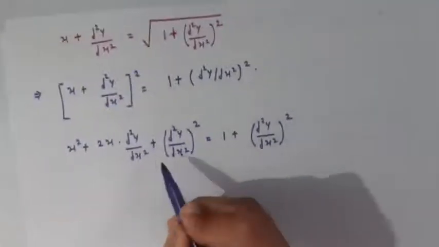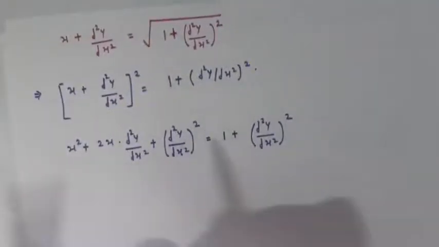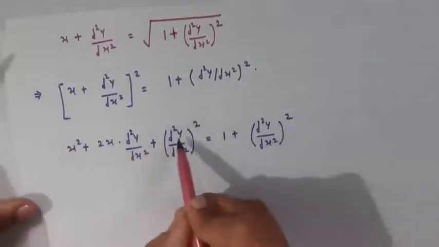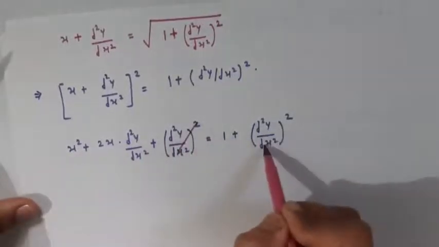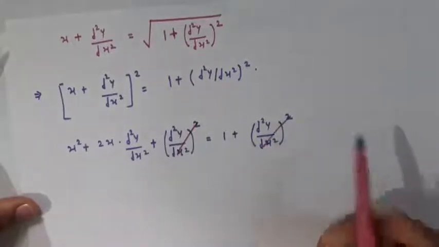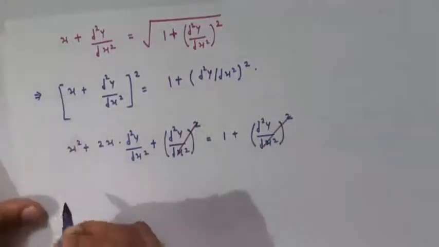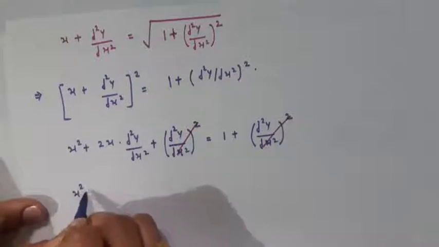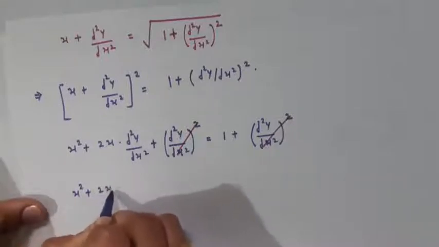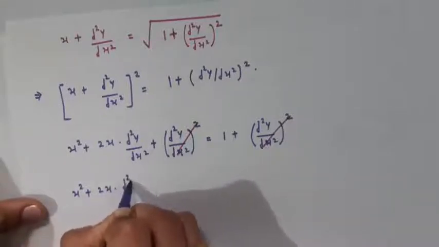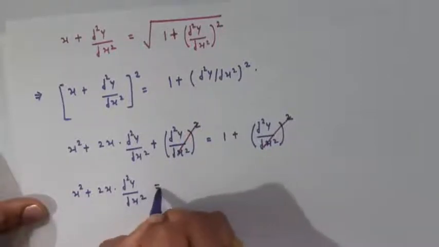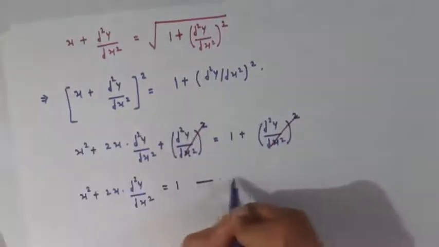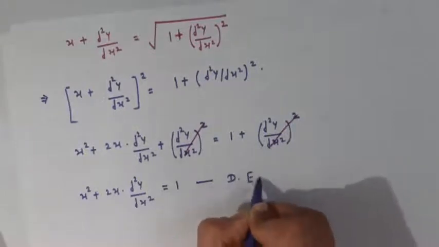Okay students, so this term and this term get cancelled, that is, d2y upon dx square whole square on both sides get cancelled. And now we have x square plus 2x into d2y upon dx square equal to 1, and this is the required differential equation.